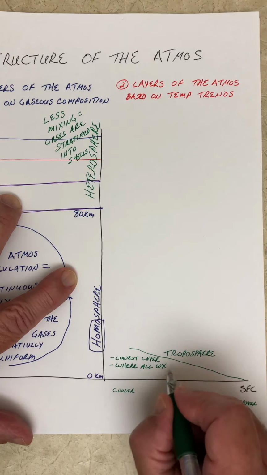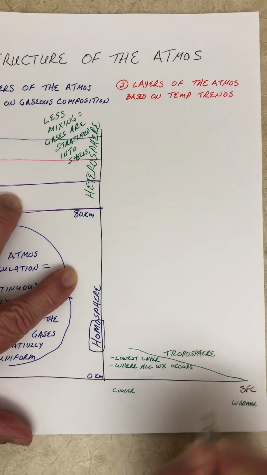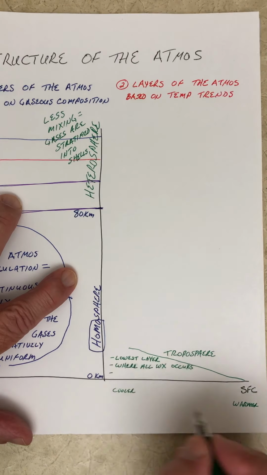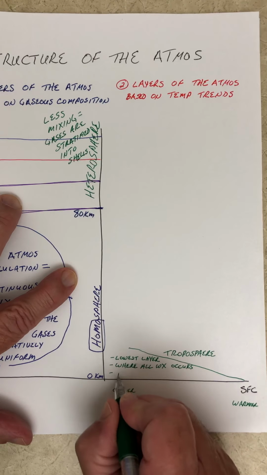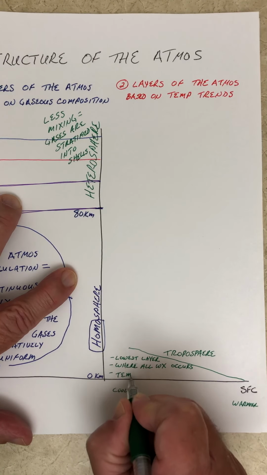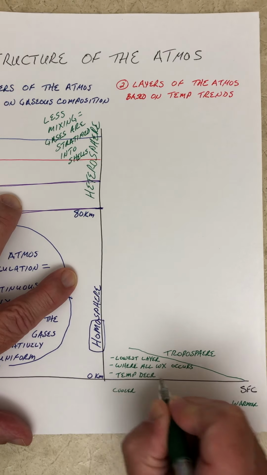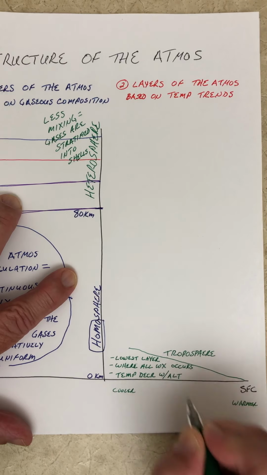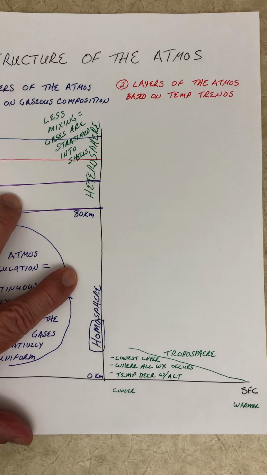So this is where all weather occurs. And as you go up into the troposphere, the temperature is going to decrease with altitude. All right, I'm going to apologize now because this diagram is going to get kind of messy. So I'll apologize for that now.